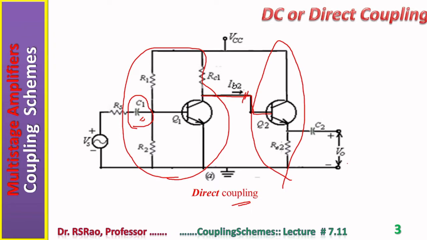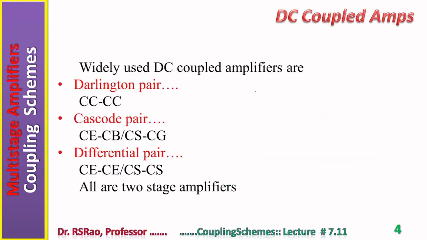At the output terminals of the second stage, you can find C2. C2 couples the output to the load, so C2 implements RC coupling between the second stage and the load. You can imagine the load here, RL. So in this diagram, you can find RC coupling at two places, direct coupling at one place.